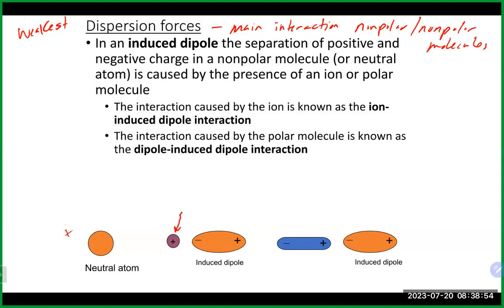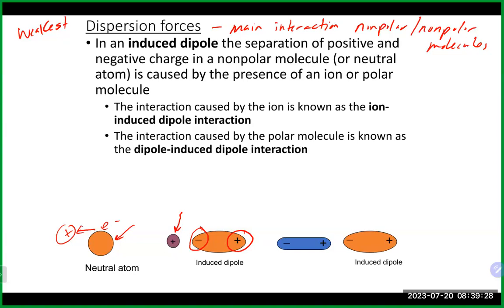If you bring a positively charged ion near a neutral atom, the electrons in that neutral atom are now going to be attracted to that positive ion because opposites attract, which means this normally neutral atom that has no separation of charge will temporarily gain a separation of charge because the electrons have shifted to one side of the molecule versus the other because of the presence of that ion, kind of like a magnet bringing the electrons towards that side of the molecule.